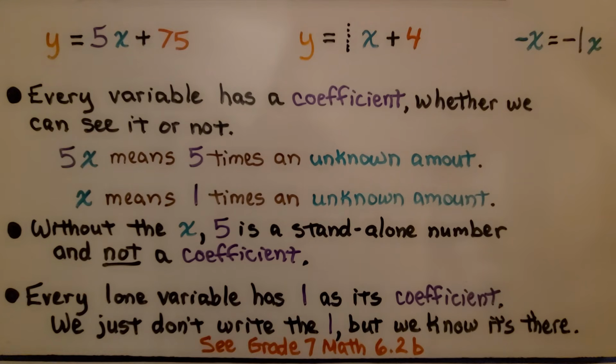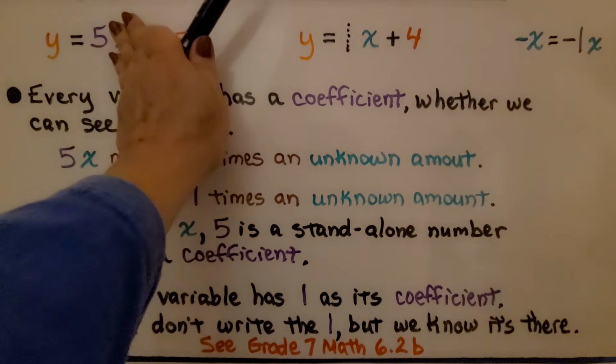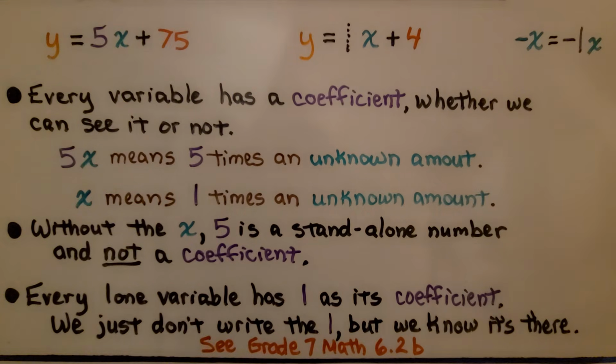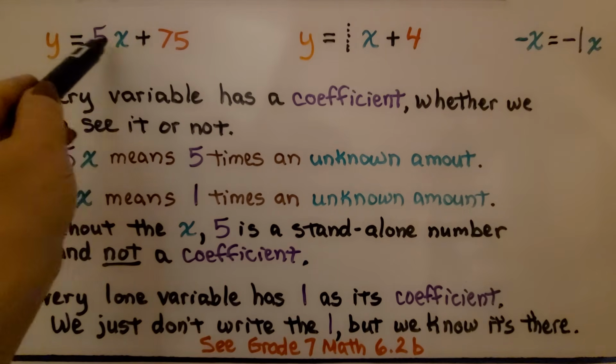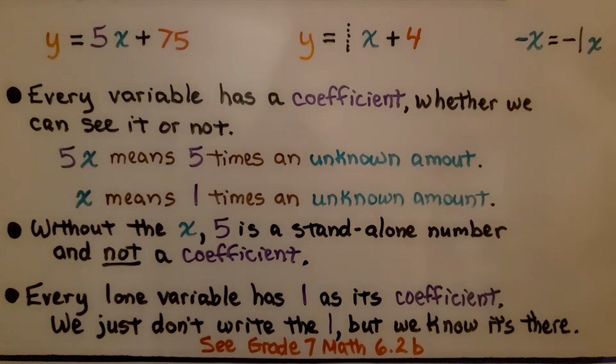Without the x, 5 is just a standalone number. It's not a coefficient. With the 5 next to the x, we now have a coefficient for this variable. Every lone variable has a 1 as its coefficient. We just don't write that 1, but we know it's there.